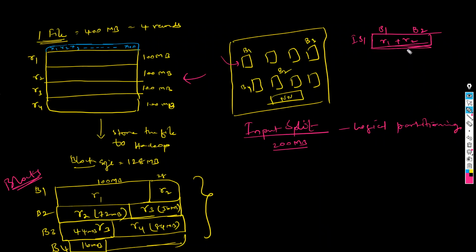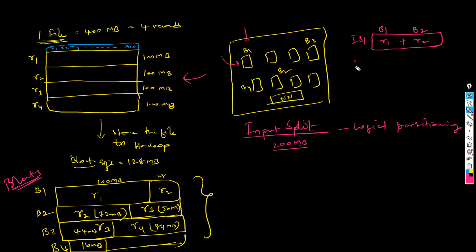So I'm reading record 1 and record 2 from block 1 and block 2. Remember, it is logical partitioning, right? I'm basically gathering the data like this: R1 plus R2.